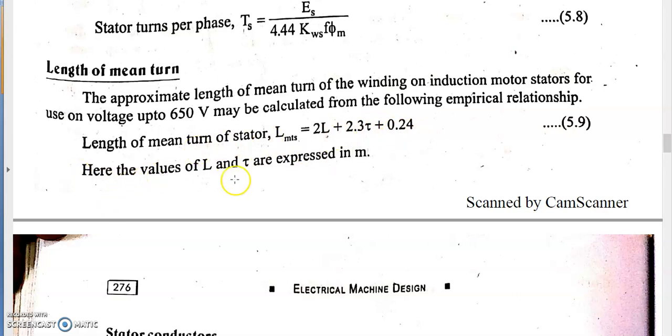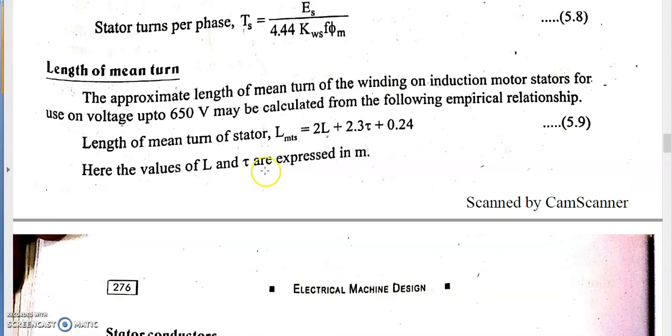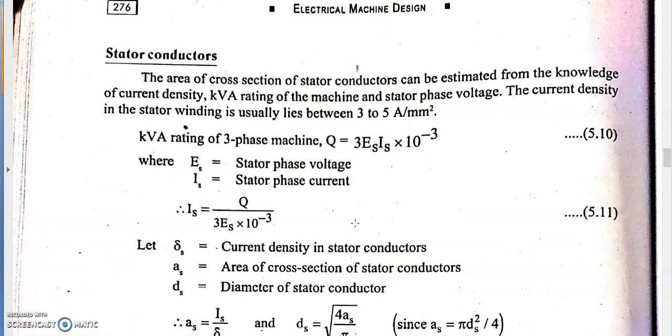Already the values of L and tau are known to us, because we have already calculated the main dimensions D and L. So tau is pi D by P. We can calculate this tau and substitute it over here to calculate the length of mean turn of the stator winding.